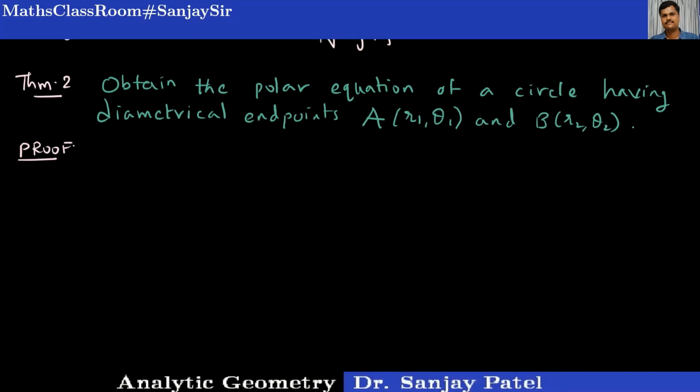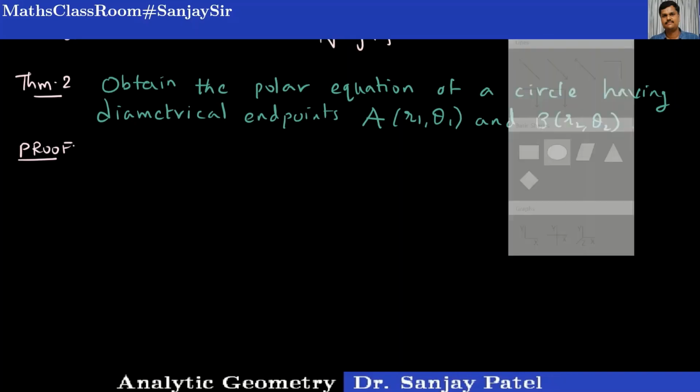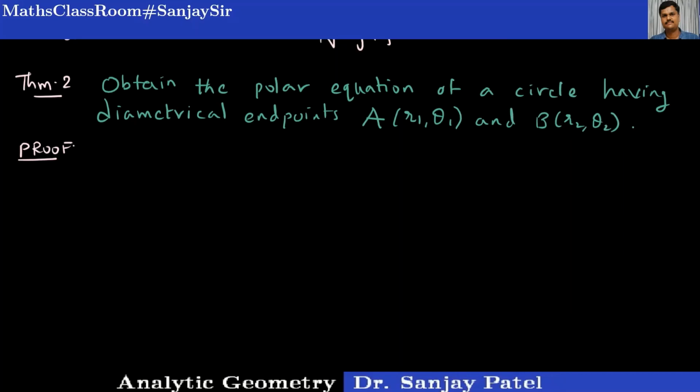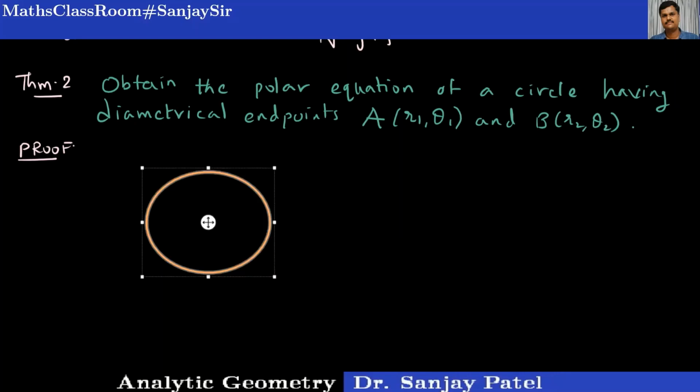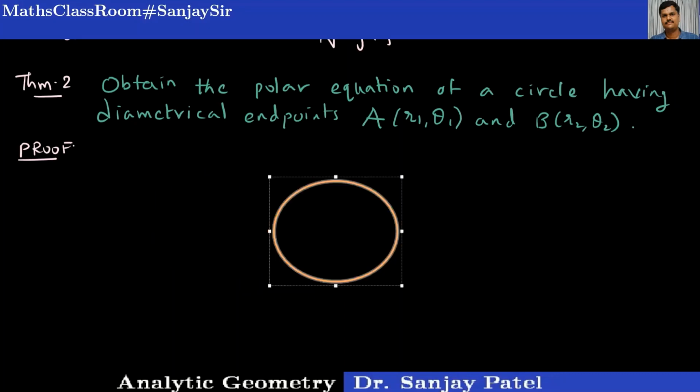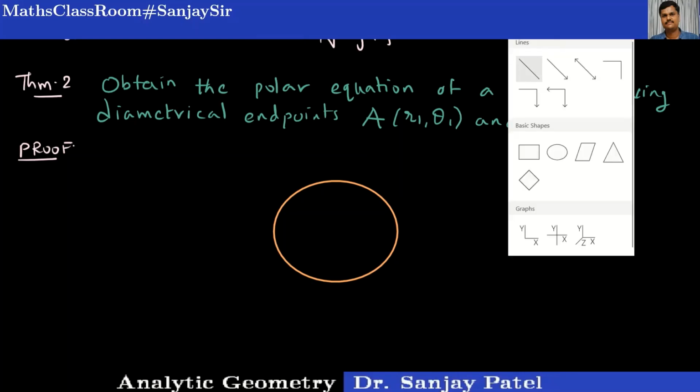Let us consider a circle, and this circle has diametrical endpoints A (r1, theta 1) and B (r2, theta 2).